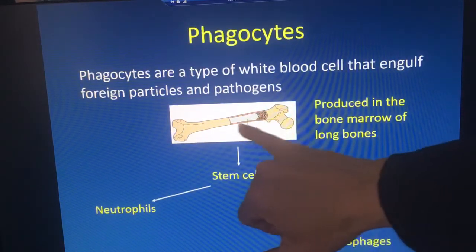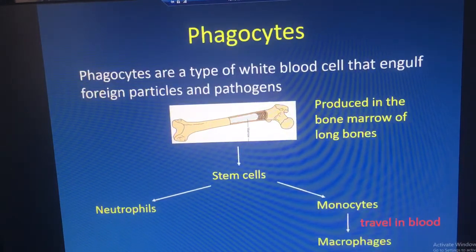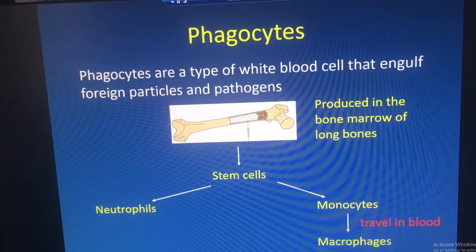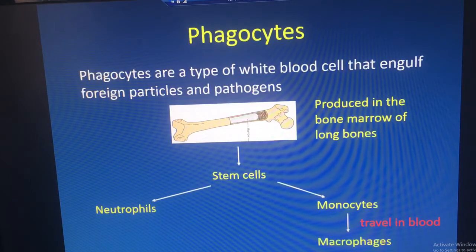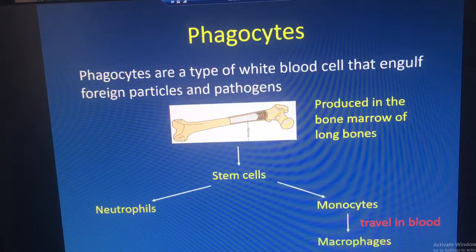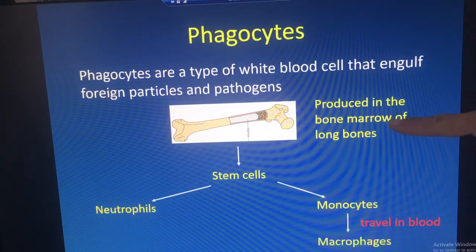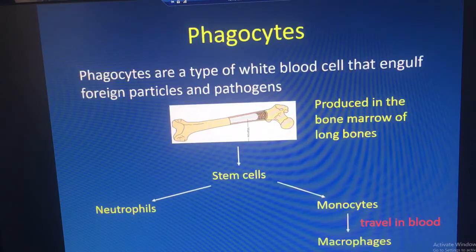And if you were to cut open the long bones in your body, so the femur, for example, is a very long bone, the bone that goes from your hips down to your knee, we would find lots of jelly or bone marrow.